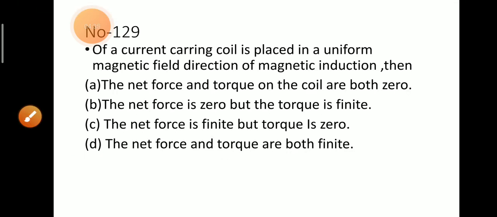And next question. There is a printing mistake. If a current carrying coil is placed in a uniform magnetic field, then A. the net force and torque on the coil are both 0, B. the net force is 0 but the torque is finite, C. the net force is finite but torque is 0, D. the net force and torque both are finite.